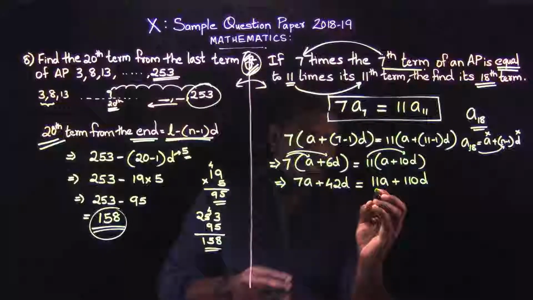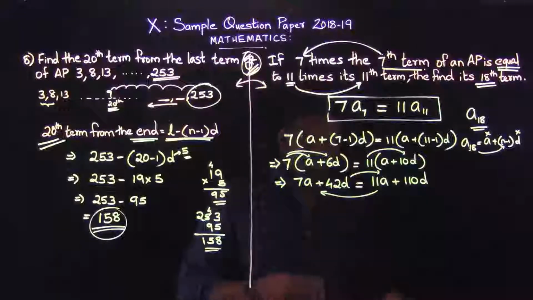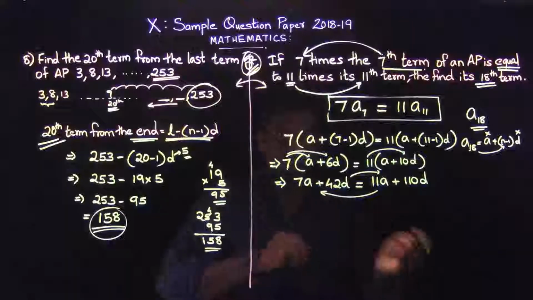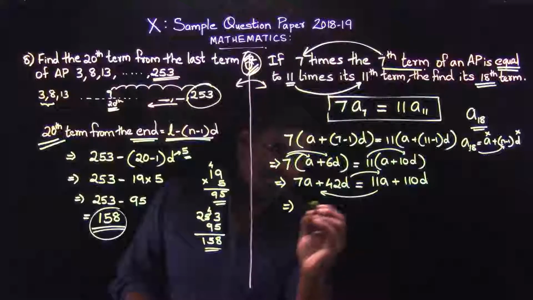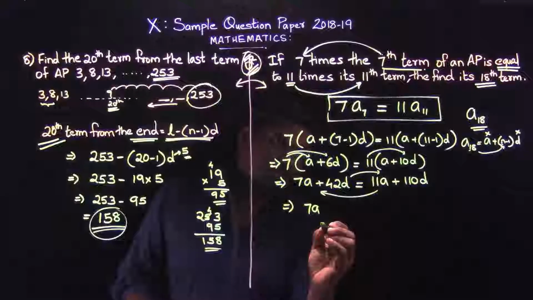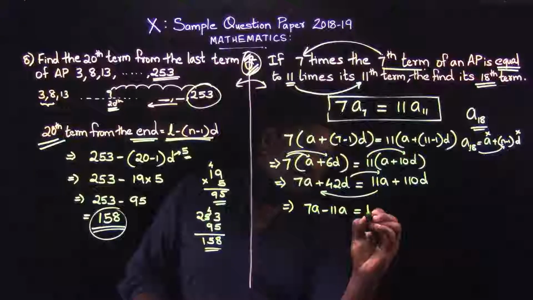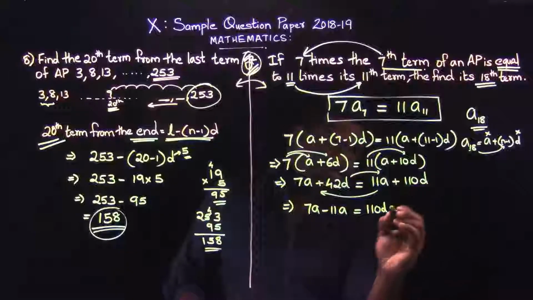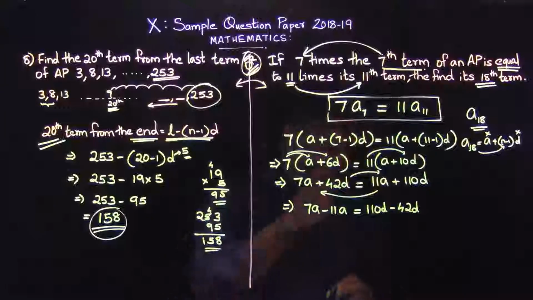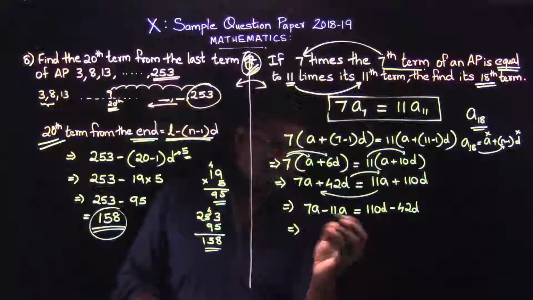Then I'm going to bring a to one side and d to the other side. Fine, we will ultimately find the value of d. Let's see, 7a minus 11a is equal to 110d minus 42d. I don't think this is going to be so hard for you, you can easily do it.